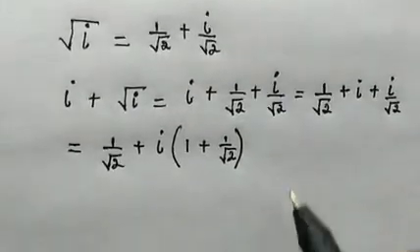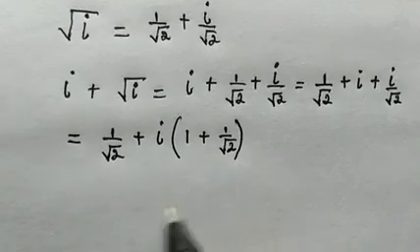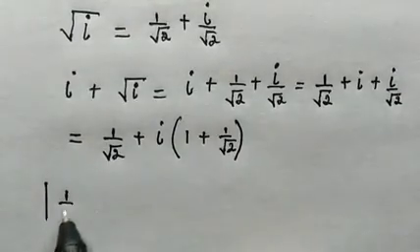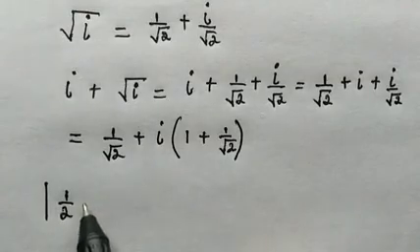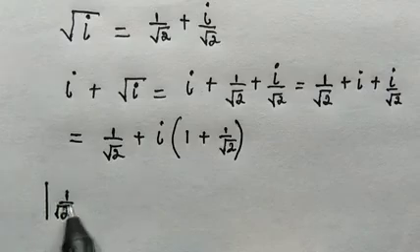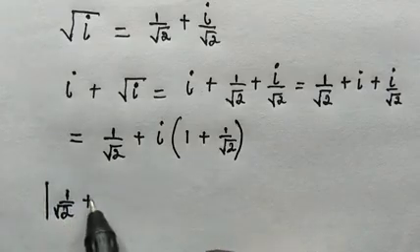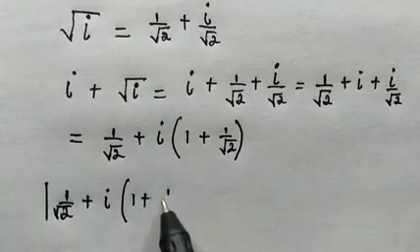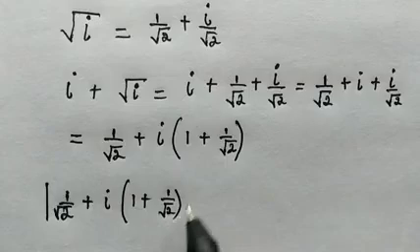Okay, now we have simplified this a little bit, so we can find the absolute value, or the modulus, of this complex number: 1 over square root of 2, plus iota times the bracket 1 plus 1 over the square root of 2.